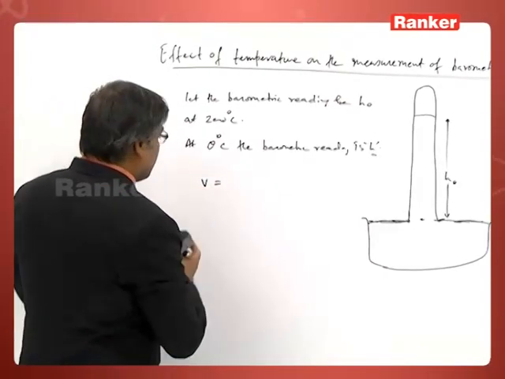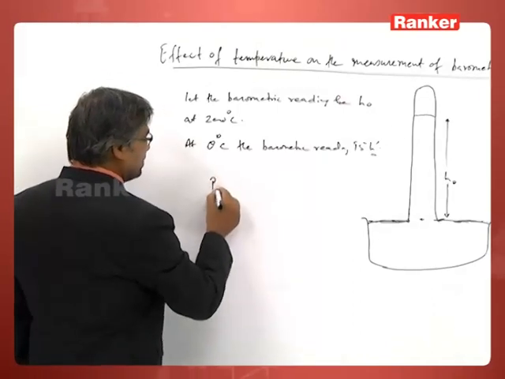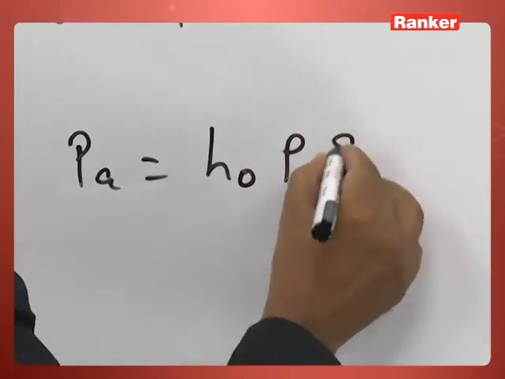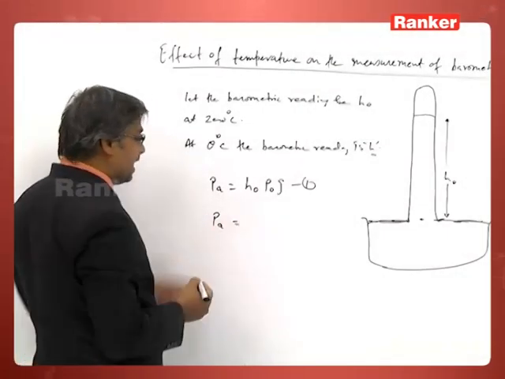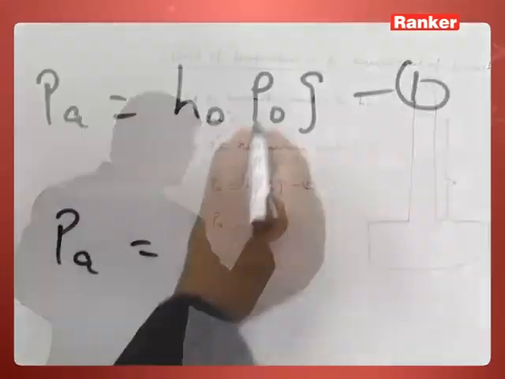The atmospheric pressure does not change. So, the atmospheric pressure initially was h naught rho naught g. Actually the atmospheric pressure does not change, but the new reading will be H.